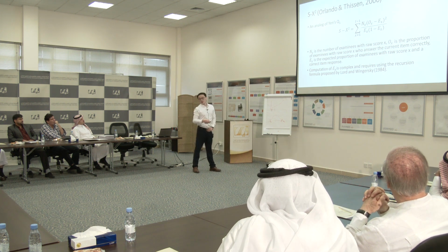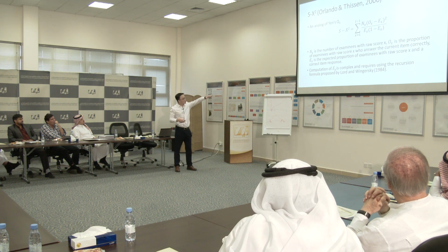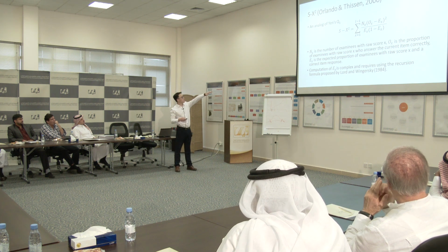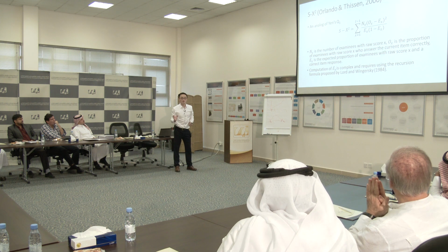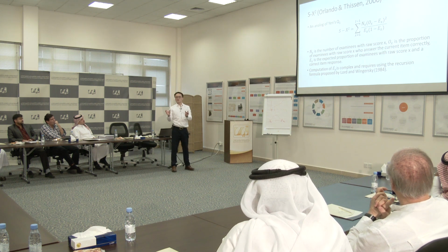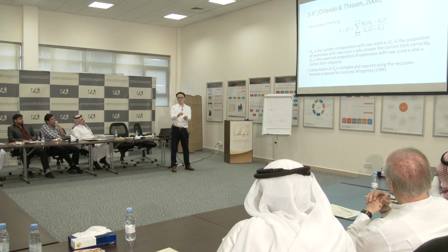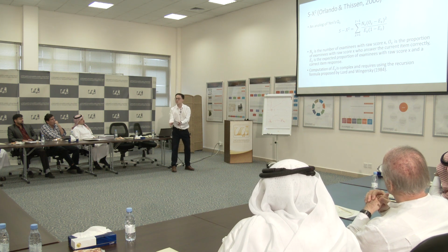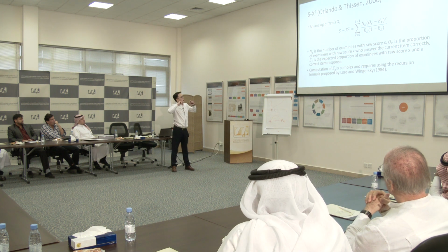But in this case, they really make it observed. They only look at those examinees with the same raw score, okay? So imagine we have a 20-item test. They divide it into 19 groups. The first group is from score 1 to 2. So those are really pure observed scores.